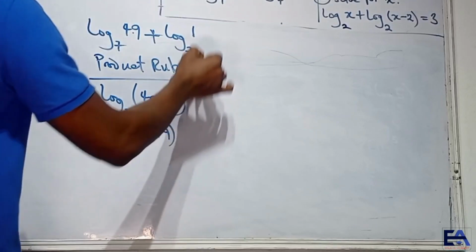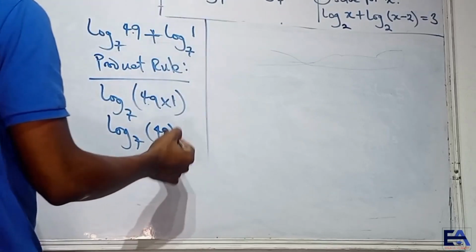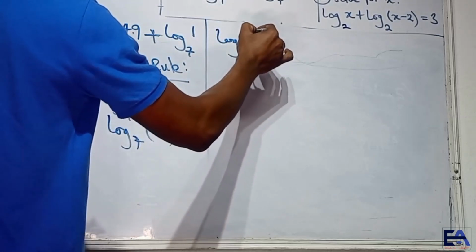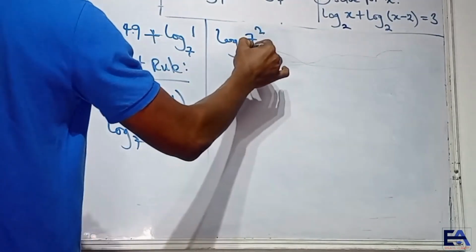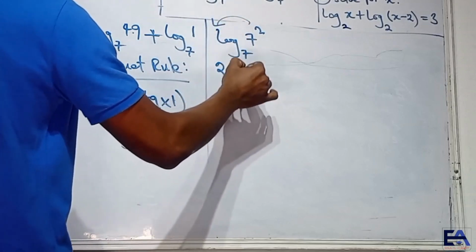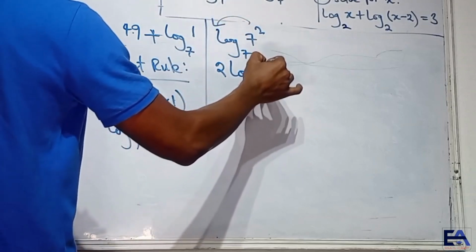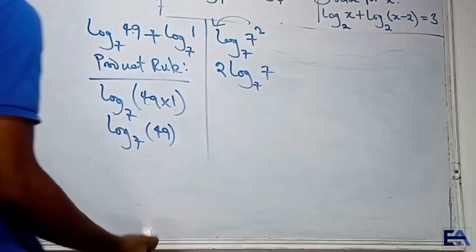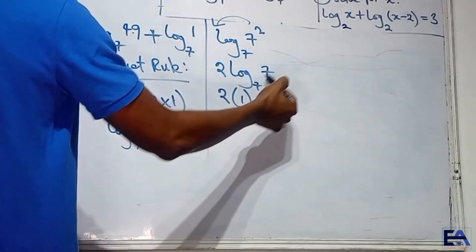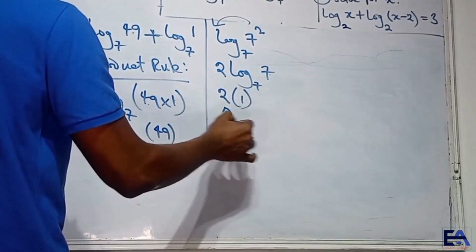And 49, mathematically, means 7 raised to power 2, right? So you now have logarithm of 7 raised to power 2 to base 7. According to the law of logarithm, this 2 goes to multiply the logarithm. So we have 2 times log 7 to base 7. At the end of the day, we have 2 times 1, because if the number is the same as the base, then the answer is 1.